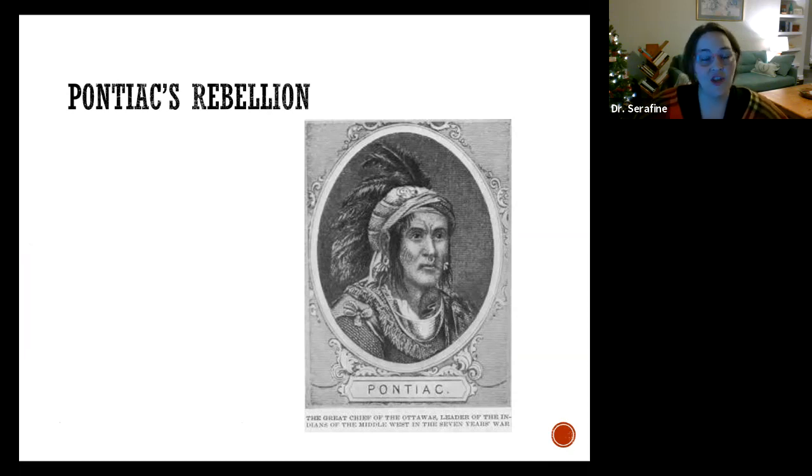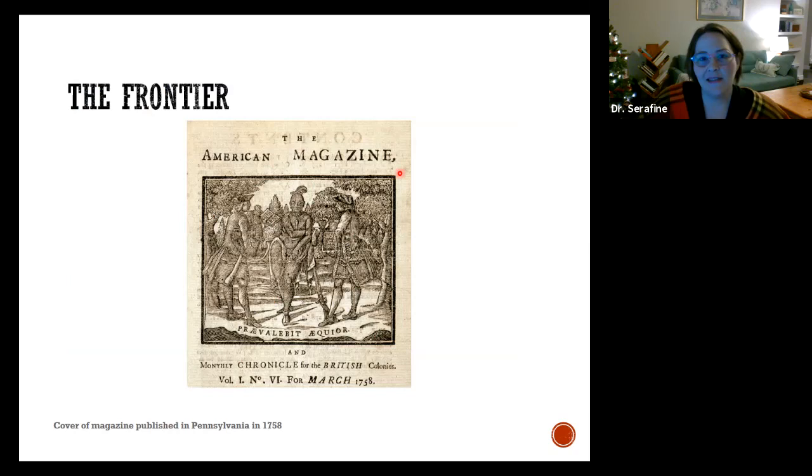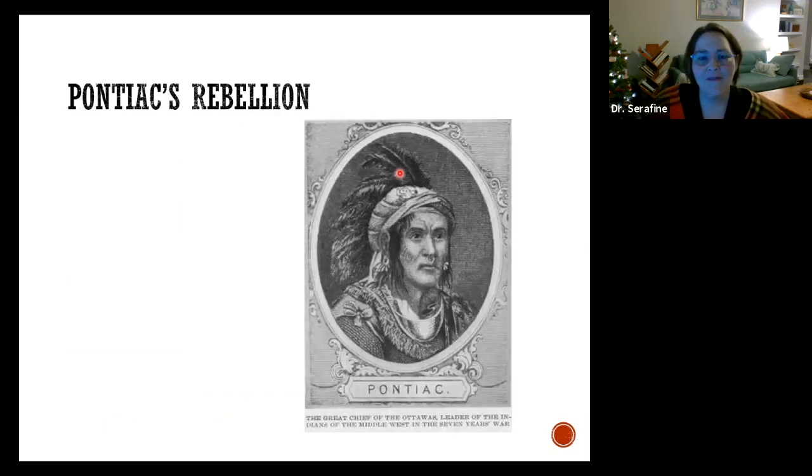Pontiac, a French-allied Native American leader, said when the French were defeated and ceded these lands to England, the problem is they didn't control these lands. They weren't really France's to control or to cede away. Pontiac says to the British, quote, "You have defeated the French. You have not defeated us."